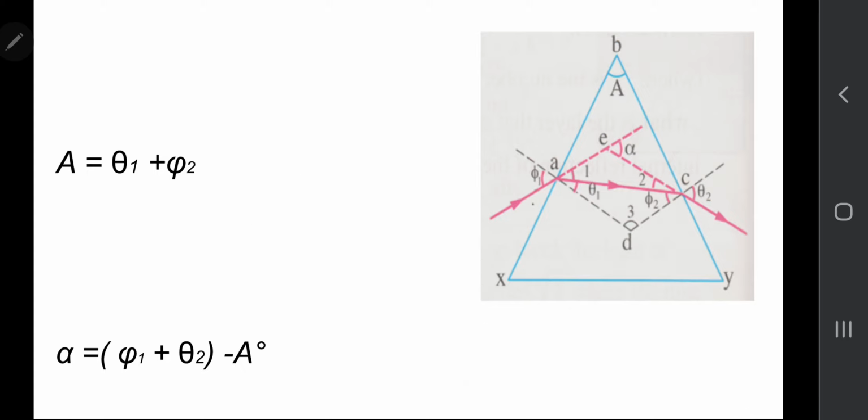At the last, the relation between the angle of incidence and the angle of deviation.